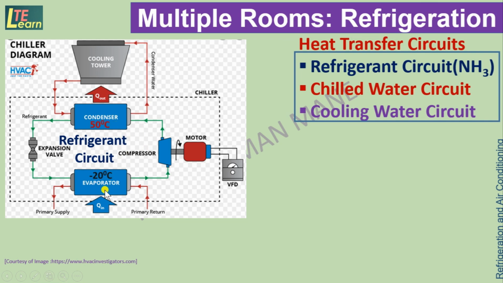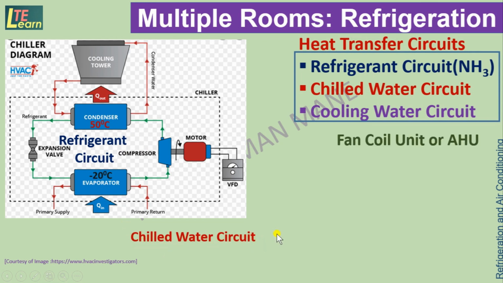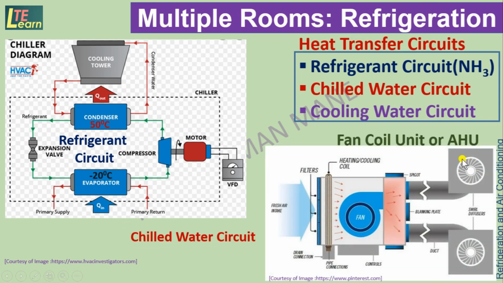Evaporator is connected via chilled water circuit to the fan coil unit or air handling unit. Water is chilled at the evaporator and at 2 degrees Celsius temperature it is passed to the fan coil unit, cooling coil. From the cooling coil it is returned at 6 degrees Celsius temperature to the evaporator.